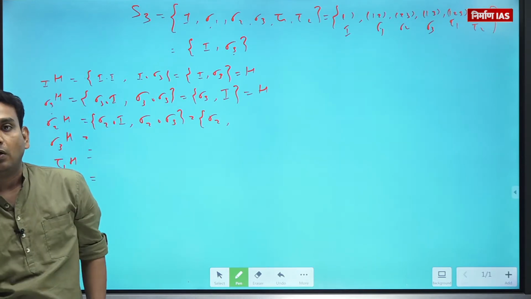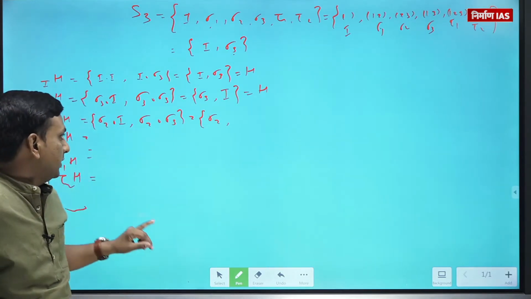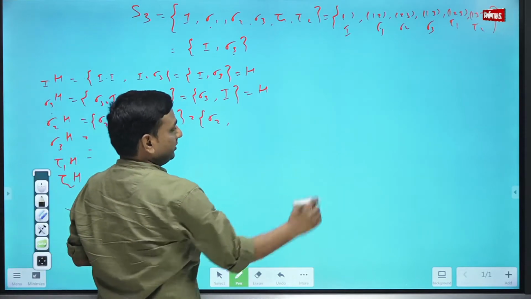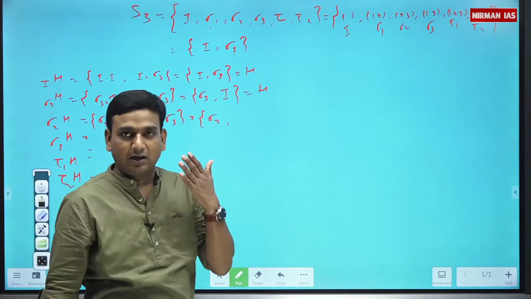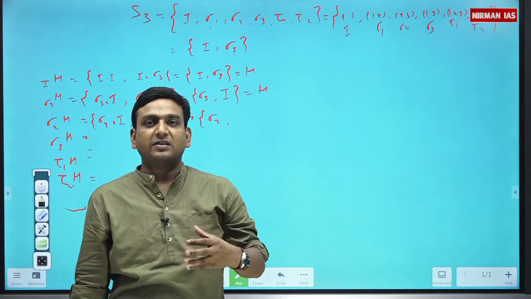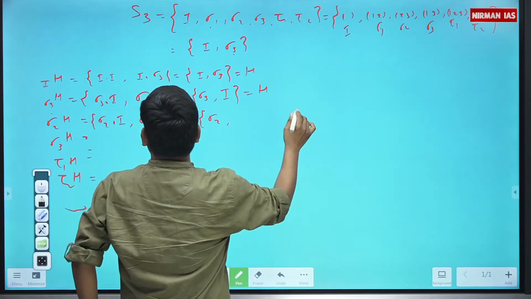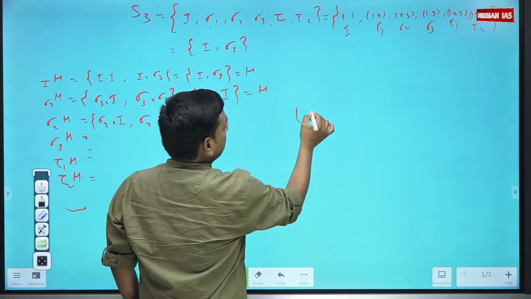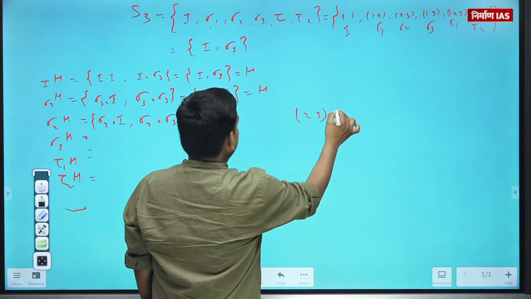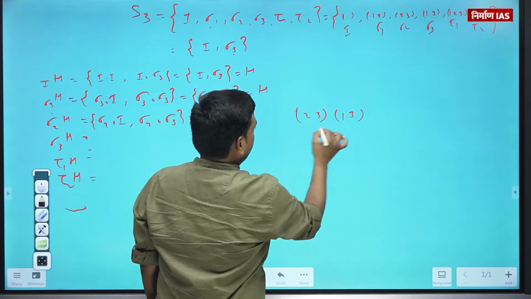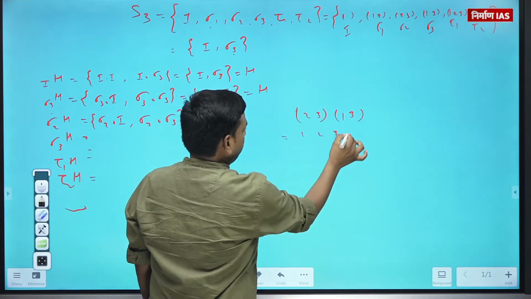You can calculate at the same time. I was repeatedly saying that these calculations are easy to do if you are in practice. Let's say I want to compose sigma 2. So sigma 2 is what? 2 3. Sigma 3 is what? 1 3. And I want to know what it is.